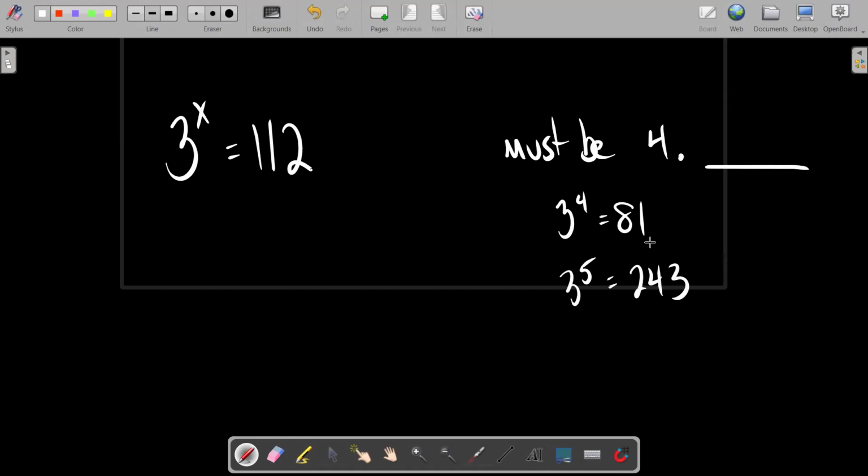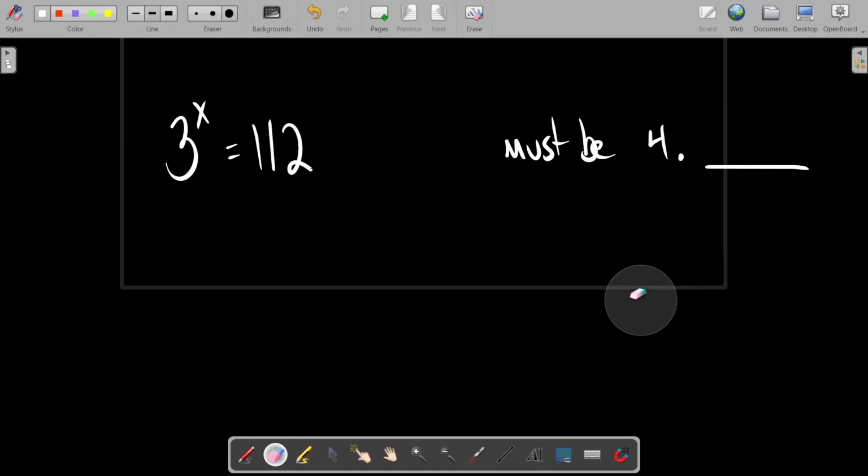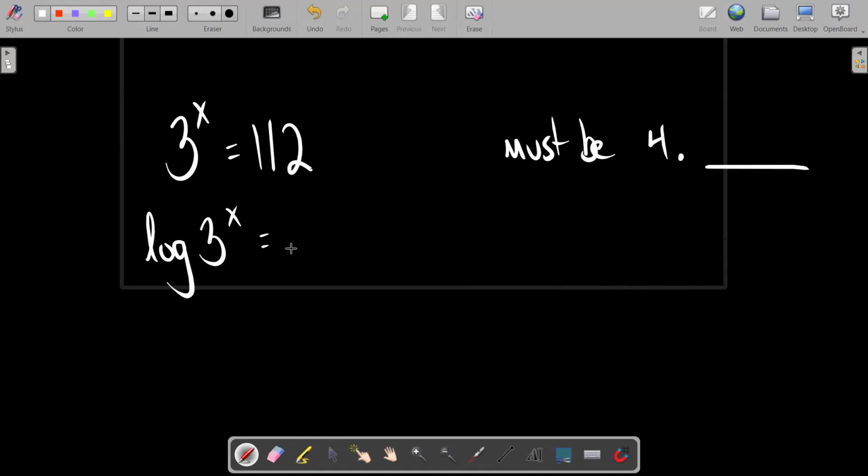So here is how you solve an exponential equation. The first thing we're going to do, and you won't know why yet, is, you remember the problems on the last quiz, how we could drop the logs? We're going to do the opposite of that. Instead of dropping logs from each side, we're going to introduce logarithms onto both sides for reasons, again, that you don't yet understand. So let's take this equation and rewrite it as the log of 3 to the x equals the log of 112.